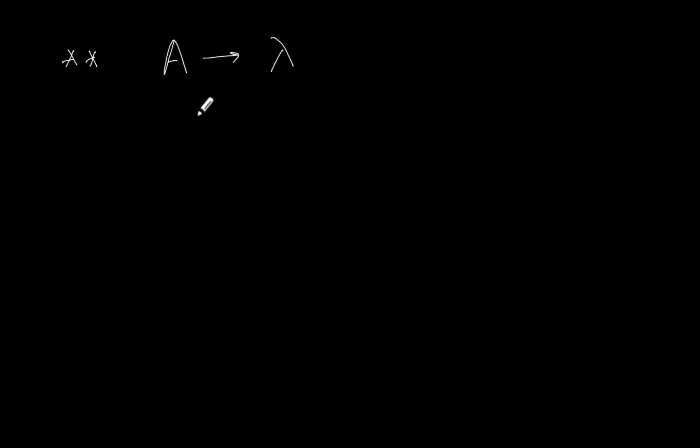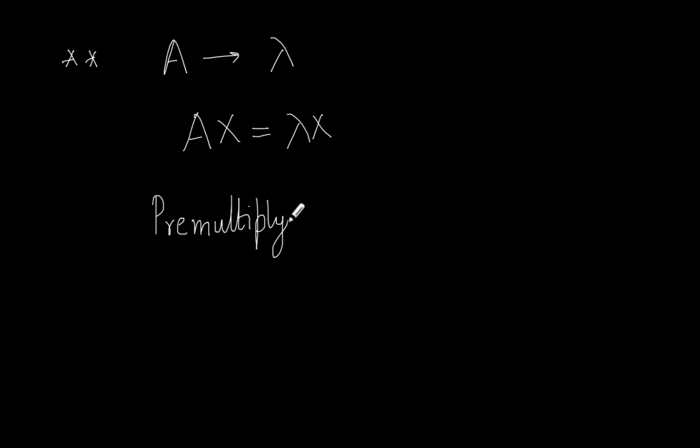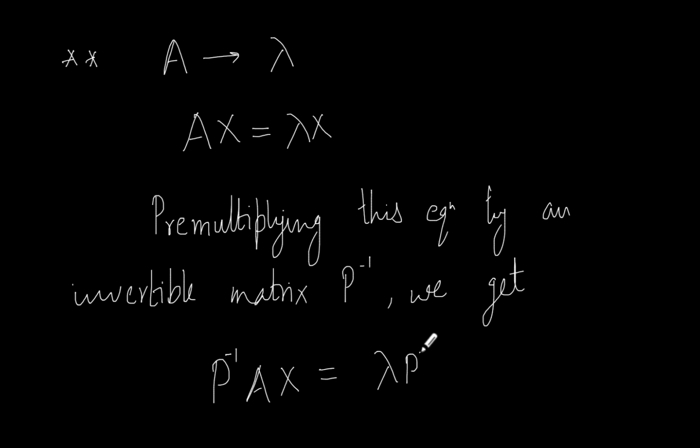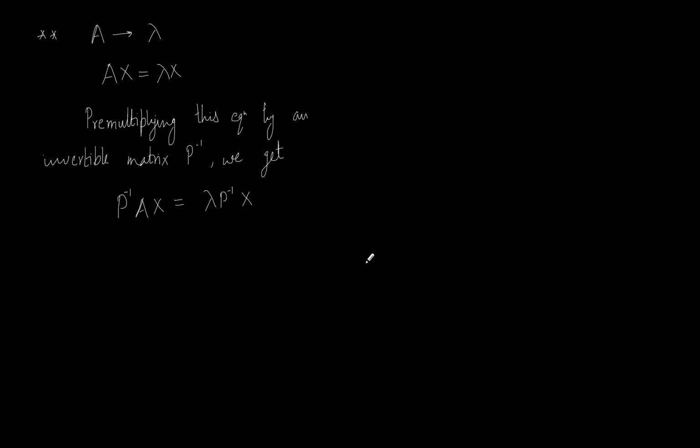We know that it satisfies this equation, Ax equals lambda x. Multiplying by the invertible matrix P inverse, we get lambda P inverse x, because lambda is a scalar, so we can shift it out.